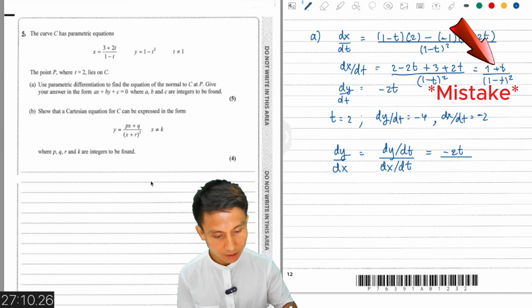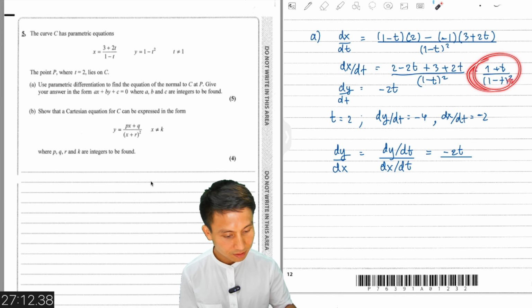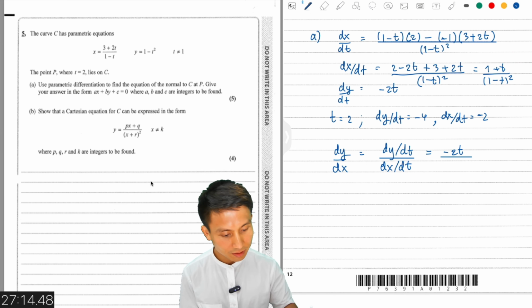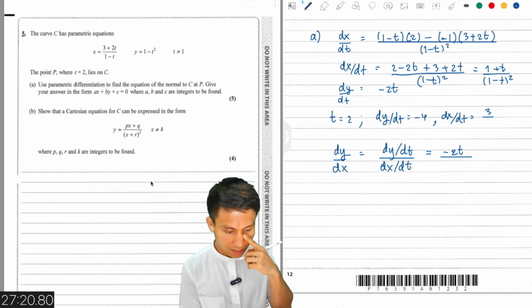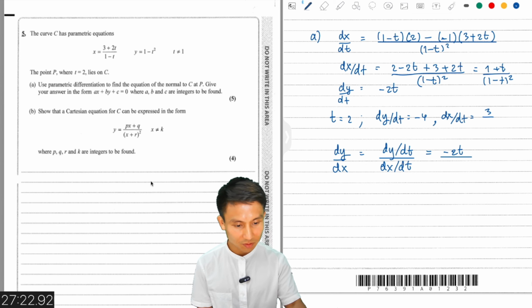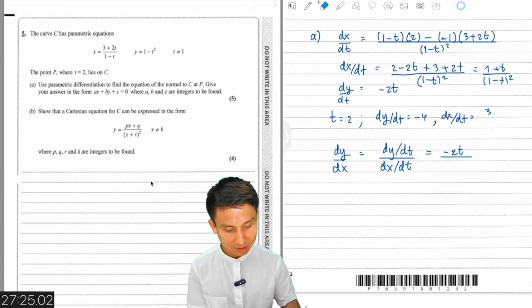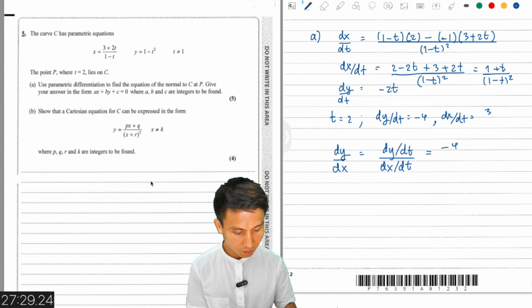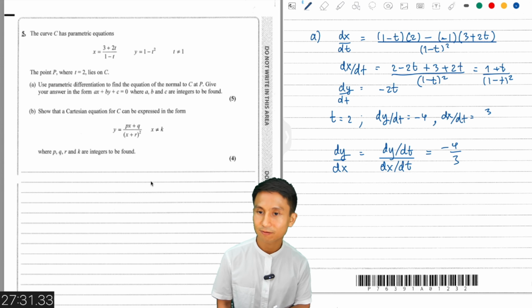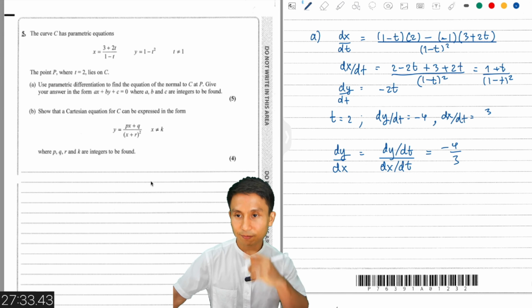Ah, nice, okay. And then subbing in 2 in there, on top we get 3 divided by 1, right? 1 minus 2 is just minus 1 squared. So that's just 3. So this is just then minus 4 over 3 for the derivative there.